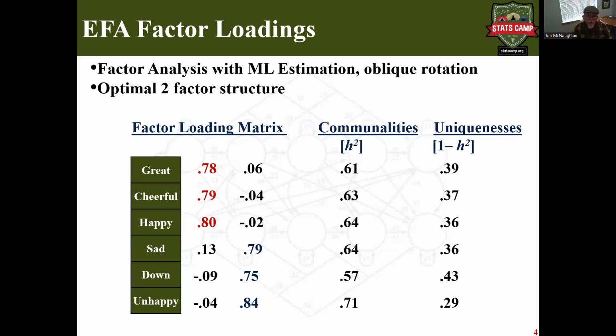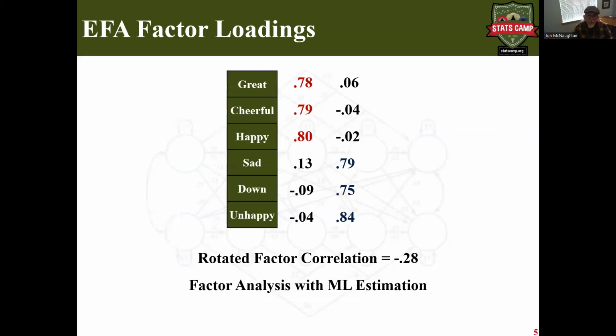Now, one thing to note is these small loadings, the 0.06, negative 0.04, negative 0.02 for the positive items on negative affect, those are essentially 0. Right? In confirmatory factor analysis, we would say, well, they're close enough to 0 that I can treat them as if they were 0, and then I can now estimate the rotated factor solution.